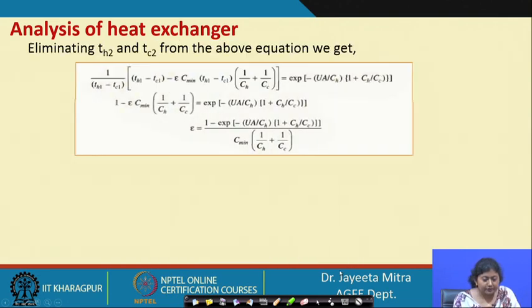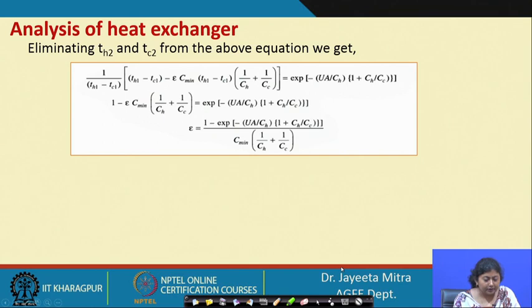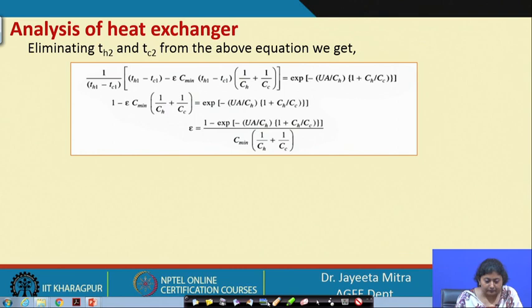So eliminating Th2 and Tc2 from that equation, we have put the values of Th2 and Tc2 in terms of the other parameters that we just derived. So, 1 by Th1 minus Tc1, that is equal to Th1 minus Tc1 minus effectiveness into C min Th1 minus Tc1 into 1 by Ch plus 1 by Cc. The right side is the same, exponential minus UA by Ch into 1 plus Ch by Cc.